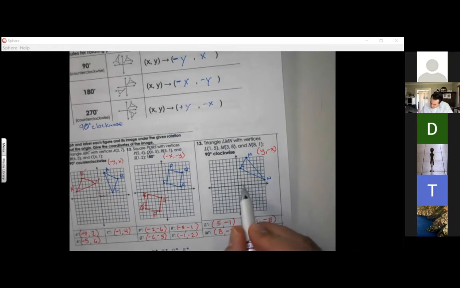So 1, 2, 3, 4, 5, negative 1, that's L prime. 2, 3, 4, 5, 6, 7, 8. 1, 2, 3, that's M prime. And 1, 1, 2, 3, 4, 5, 6, 7, 8. That's N prime.